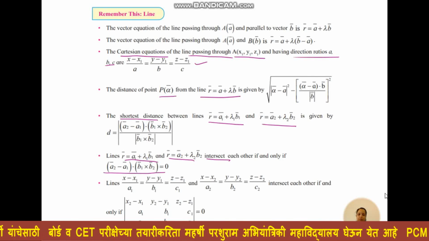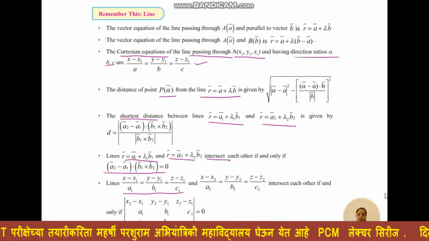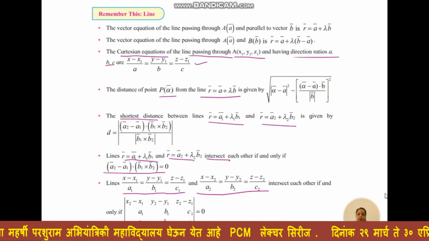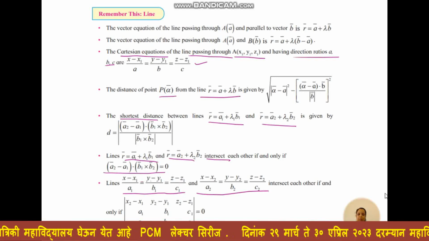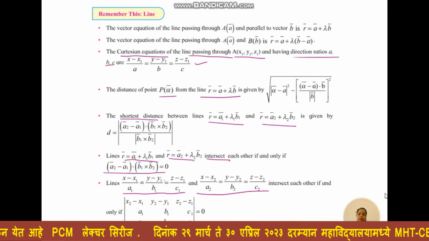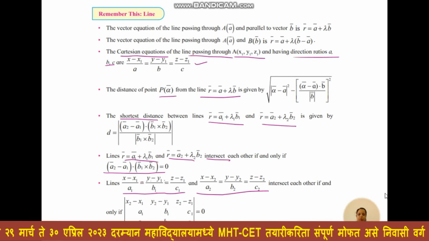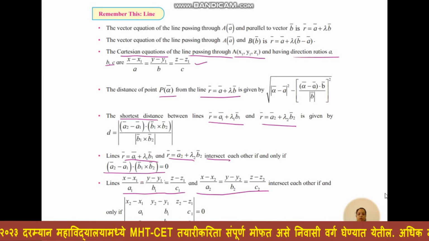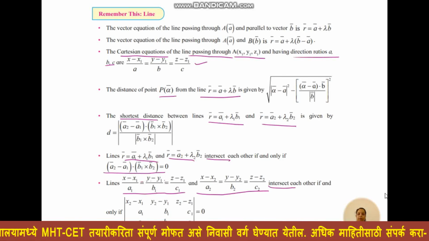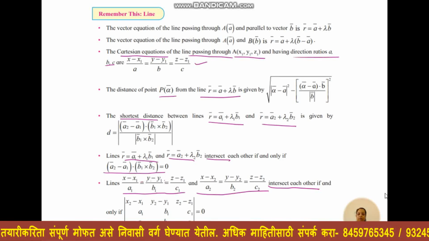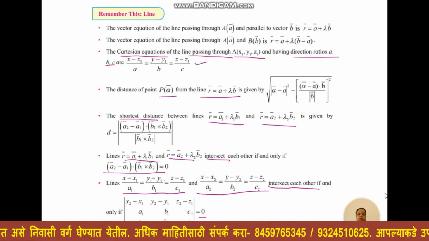Next is lines given in this format: x minus x1 upon a1 is equal to y minus y1 upon b1 is equal to z minus z1 upon c1 and x minus x2 upon a2 is equal to y minus y2 upon b2 is equal to z minus z2 upon c2 intersect each other if and only if this determinant is equal to 0.